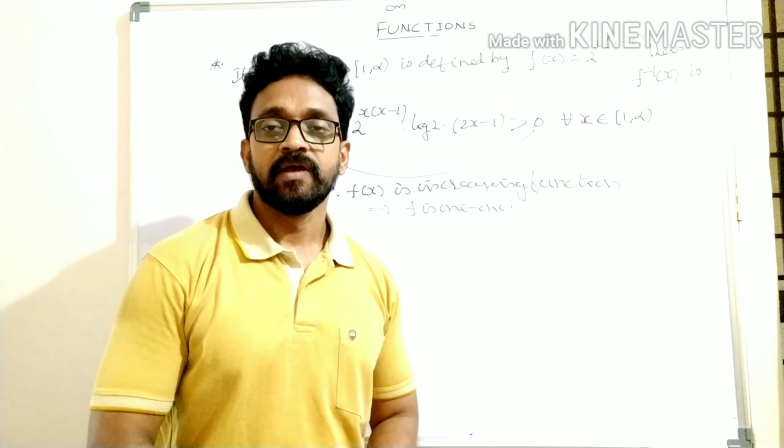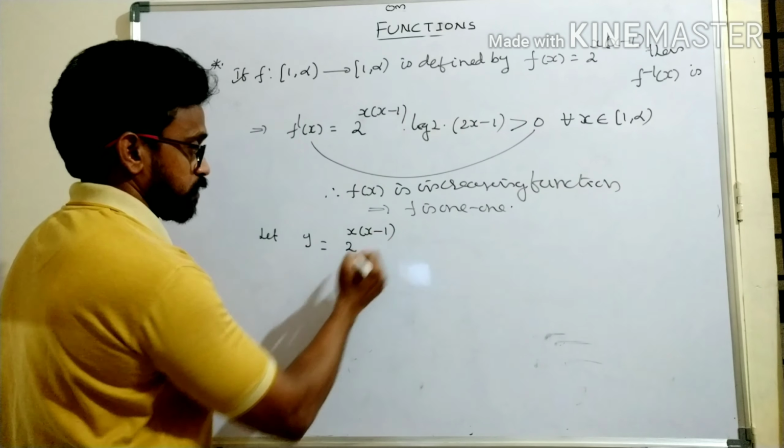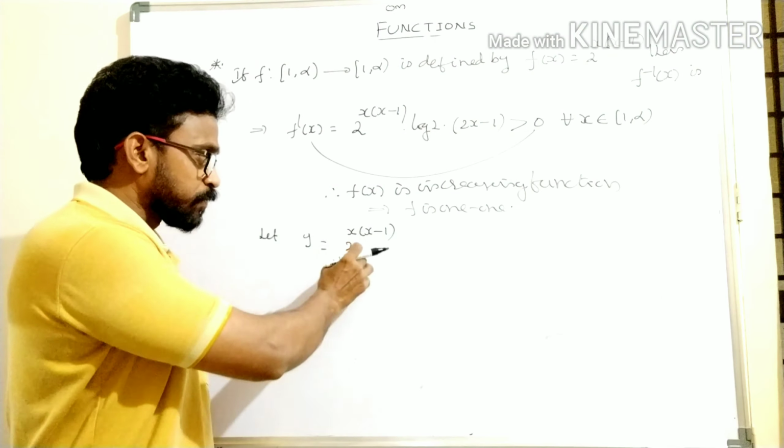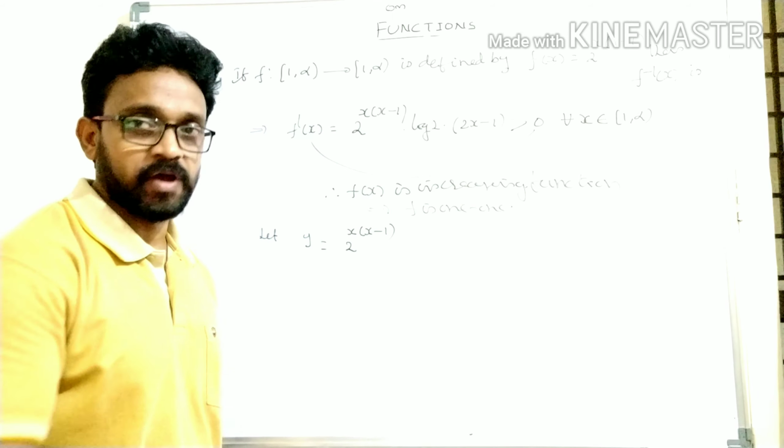f is one-one. Now we should check onto. Here is the simple procedure for onto verification. Let y is equal to 2 power x into x minus 1. Now we can solve this equation. We can separate x from this equation, that is, we should write x in terms of y.